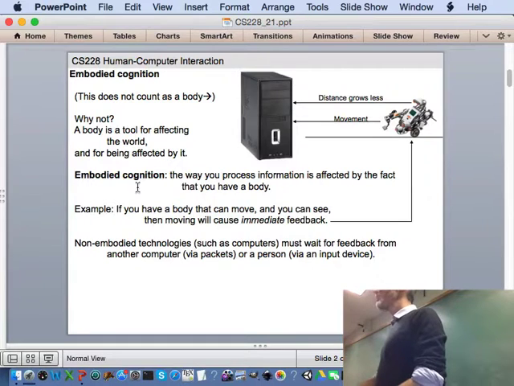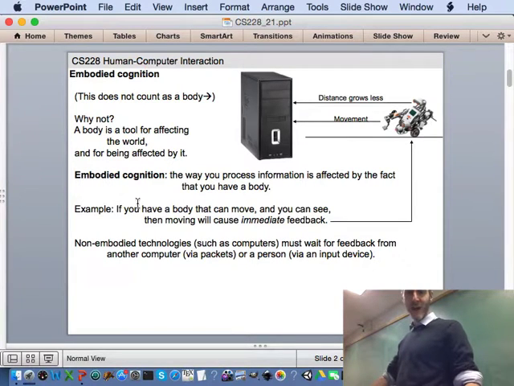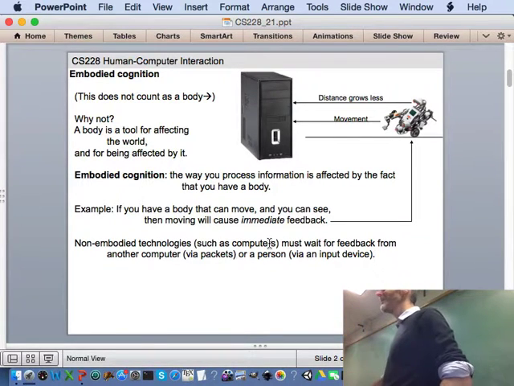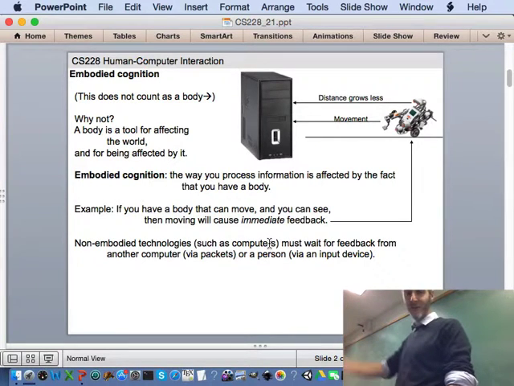The moment you start thinking about that, your thinking about thinking changes. You have to be able to deal with things in real time, right? If you have a body that can move and you can see, your moving will cause immediate feedback. Non-embodied technologies like computers don't necessarily have to wait for feedback from other computers and other non-embodied systems.